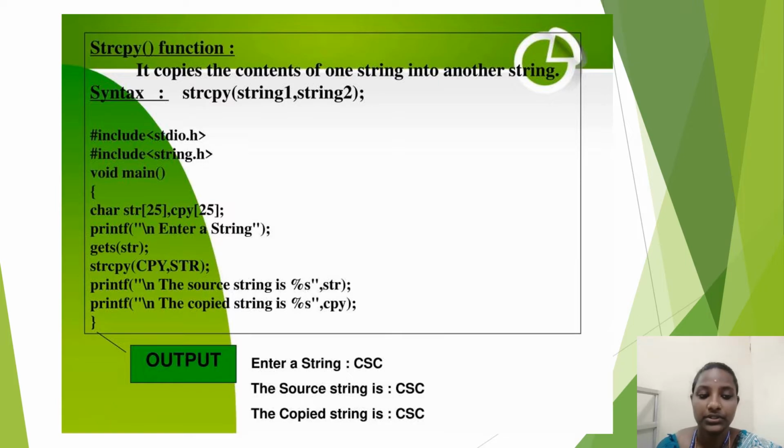And we are using the function strcpy, comma, str. The source string is our output. In this "enter a string" we are getting CSC. So this is our source. This string is to be copied to the destination string. Our source string is CSC and our copied string is again CSC for this example.